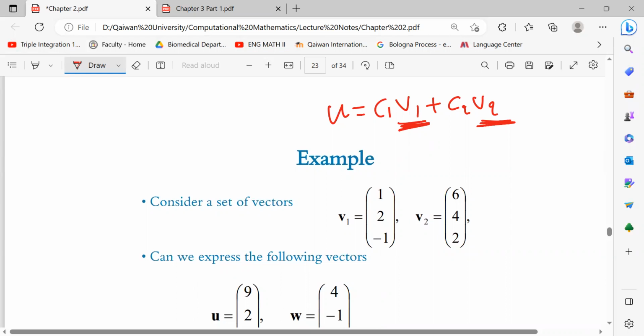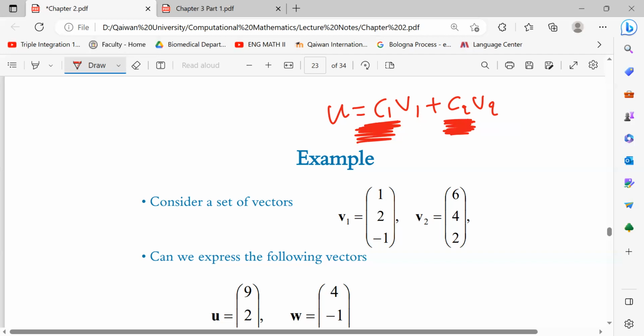We need to find a value here to multiply by v1, and also a value to multiply by v2, and find the sum of them. If you get u, it means u is the linear combination of v1 and v2.